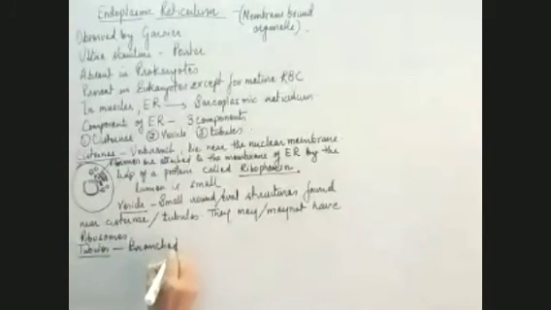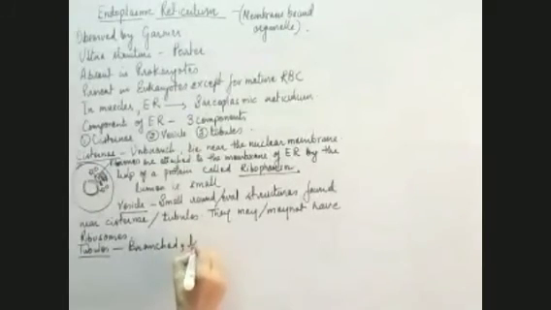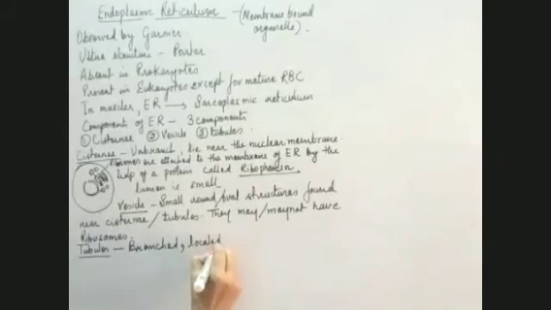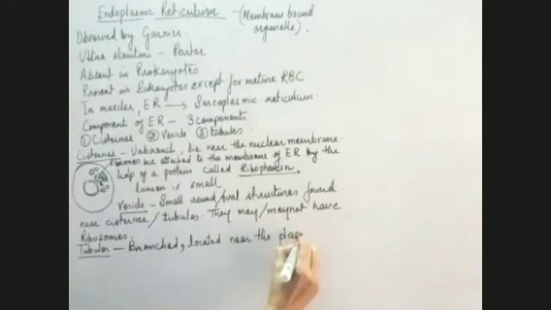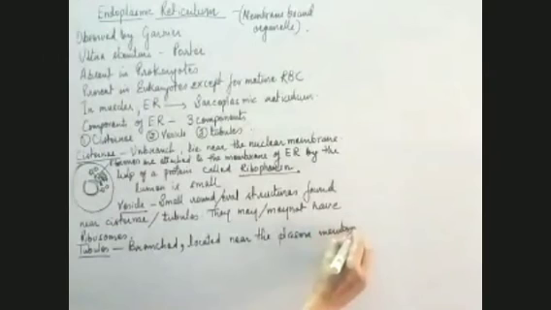Unlike the cisternae, which lie near the nucleus, as I have drawn here, these tubules lie near the plasma membrane. They are branched, and located close to the plasma membrane.